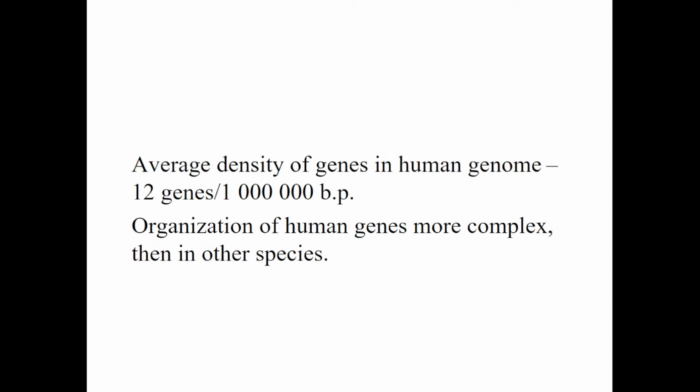And you can see the average density of genes in the human genome: near 20 genes per 1 million base pairs, nucleotides. And again, I can repeat, the organization of the human genome is more complex than in other living species.